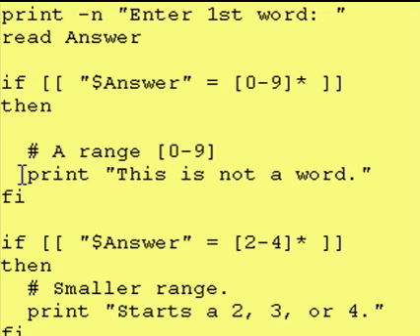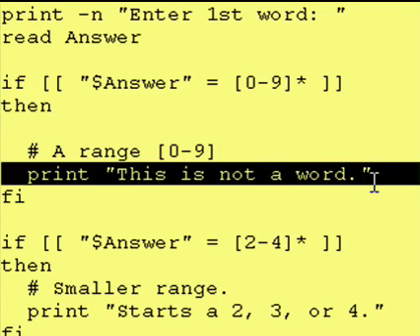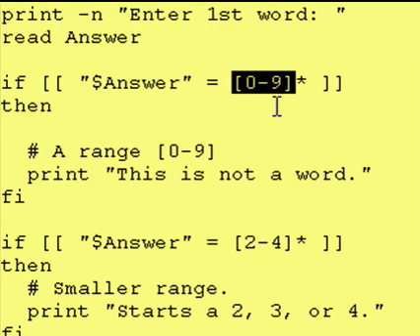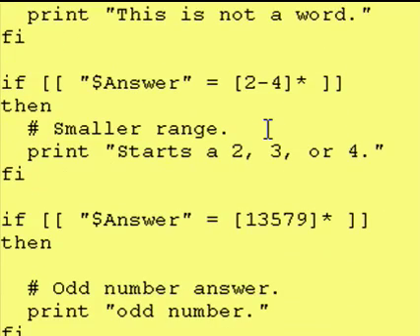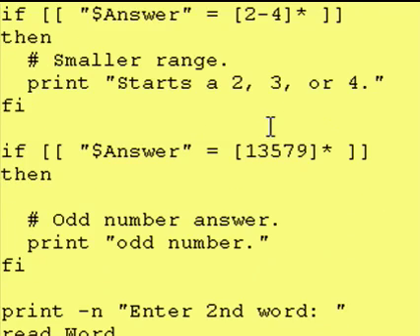And if it's true, then what the person responded with was not a word, because it started with a number. Now the ranges that you can use do not have to be 0 through 9. In this example it was 2 through 4. So if you wanted a smaller range of numbers, that's perfectly okay.